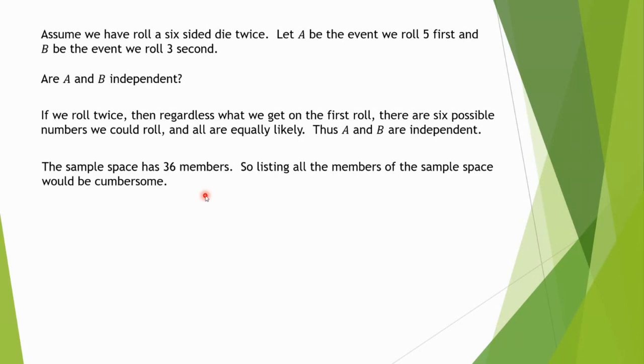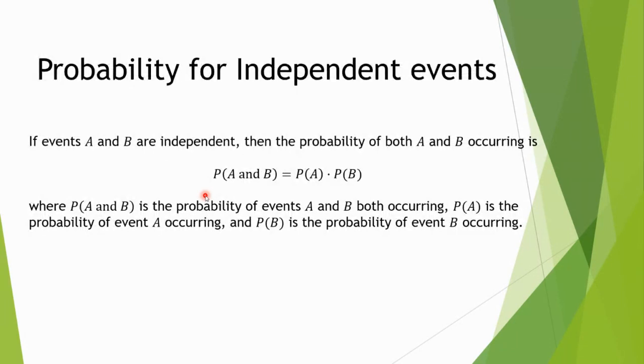Okay, so that's another example. And this turned out to be the probability. Now, if you have two events that are independent, that does help us calculate the probability of both occurring. If two events are independent, this is how we get the probability of both occurring.